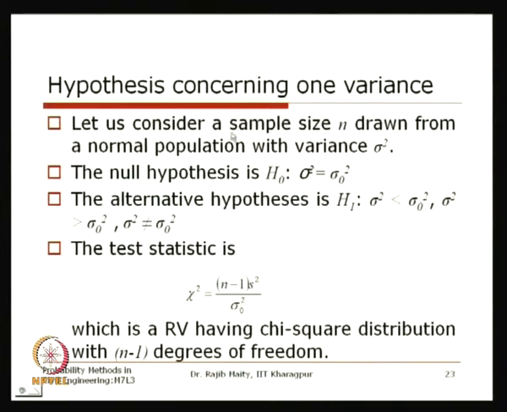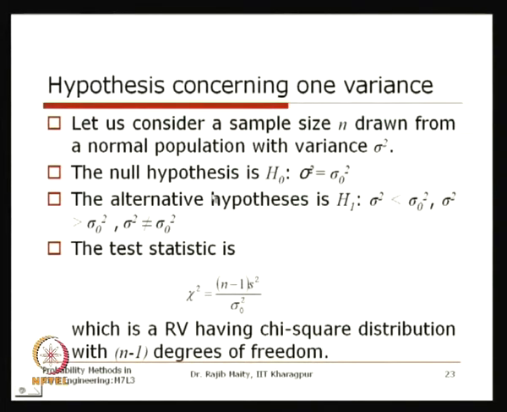Let us consider a sample of size n drawn from a normal population with variance sigma square. The null hypothesis is H naught: sigma square equals sigma naught square, and the alternative hypothesis H1 can be less than sigma naught square, greater than sigma naught square, or not equal to sigma naught square. Anything can happen.